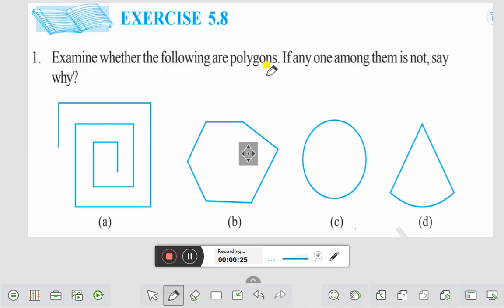Polygon, there are two properties of polygon. First one is the figure should be closed.